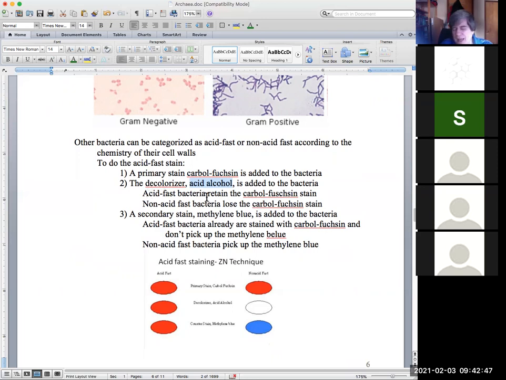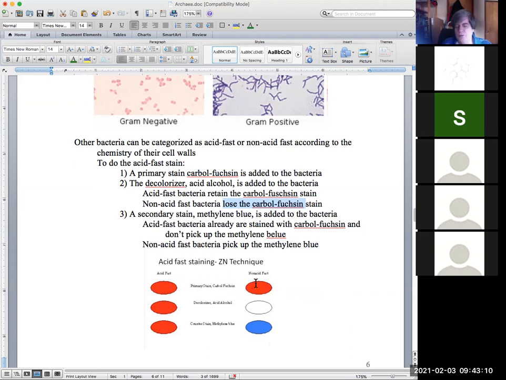If we look at acid-fast bacteria, they keep the carbofuchsin that they've already absorbed. Bacteria that aren't acid-fast lose their carbofuchsin when you add the decolorizer. So in this top line, we have acid-fast bacteria on the left and non-acid-fast bacteria on the right.